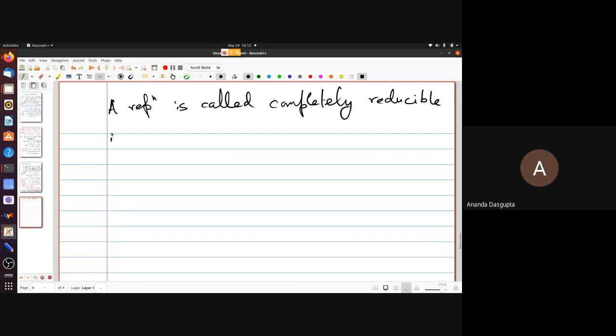reducible if there exists a basis in which each D(g) takes a block diagonal form.